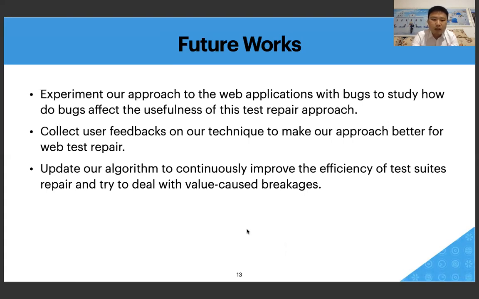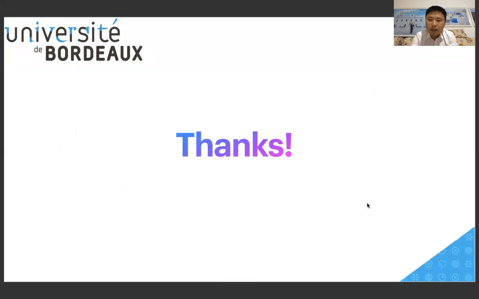Second, we will collect user feedback on our technique to make our approach better for web test repair. Third, we will update our algorithm to continuously improve the efficiency of test suite repair and try to deal with value cost breakages. Okay, thanks.